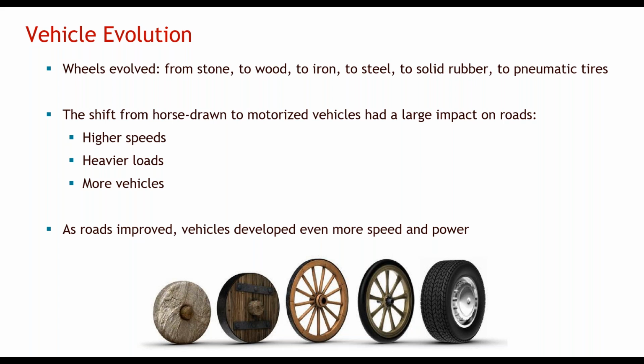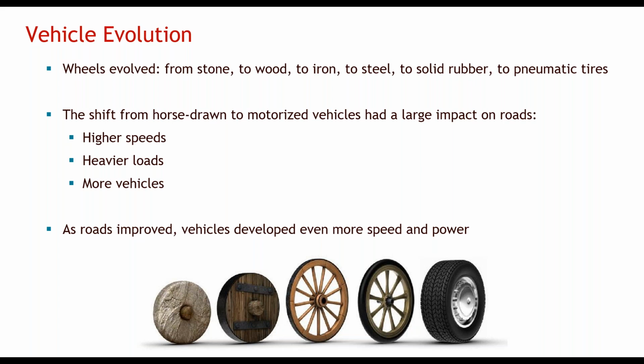And as the automobile took off, more vehicles were on the roads. We began to go faster, we began to carry heavier loads, and we began to do it on tires that allowed the vehicle to move at higher speeds comfortably. You certainly wouldn't want to drive 60 miles an hour on stone wheels, for instance. This set up a sort of circular effect in road construction.